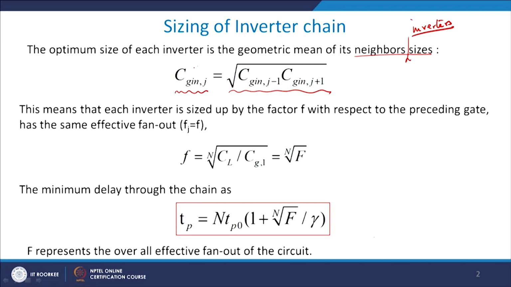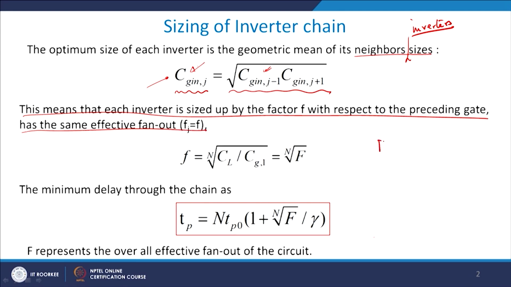If you are able to fix its value of input capacitance to be equal to this, then possibly you will get a reduced delay. This means that each inverter is sized up by a factor of f with respect to the preceding one and has the same effective fan out.